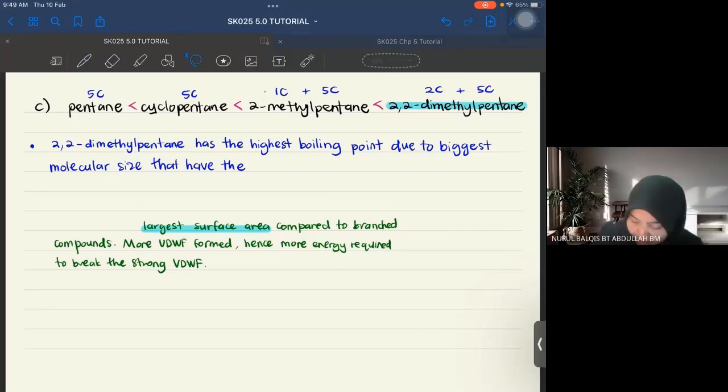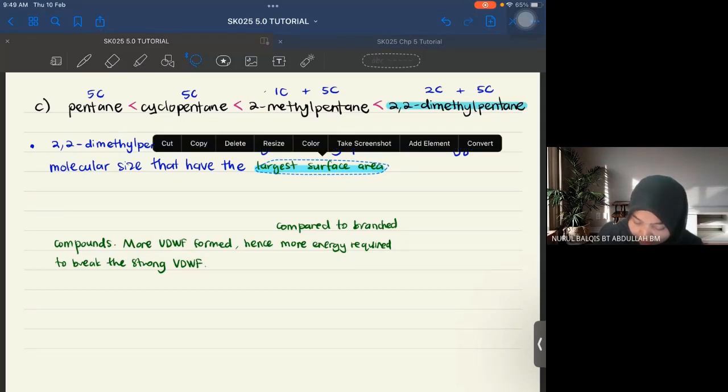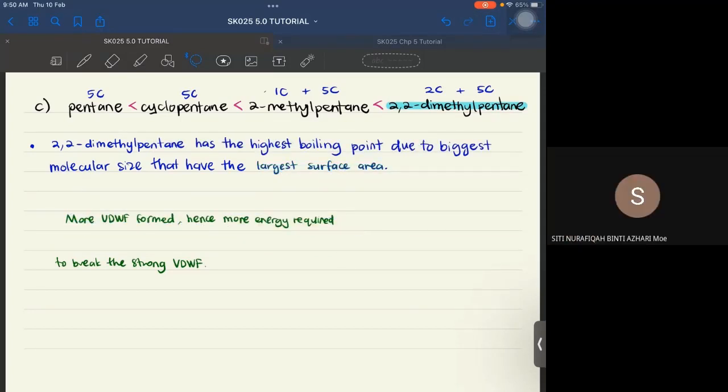Yes. Largest surface area. Okay, itu untuk 2,2-dimethyl pentane.